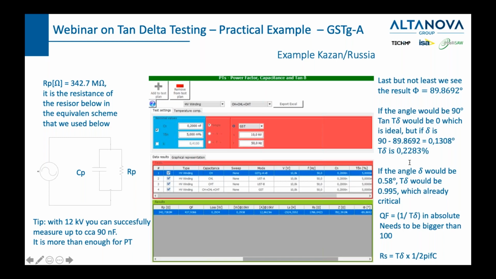Mr. Miloš Sušić, can you tell us more about the experience and measurement of tan delta on surge arresters? Well, on surge arresters, basically what you need to understand is if the surge arrester is functioning properly, in the sense that its resistance is where it should be. So the dissipation of power is not too big.